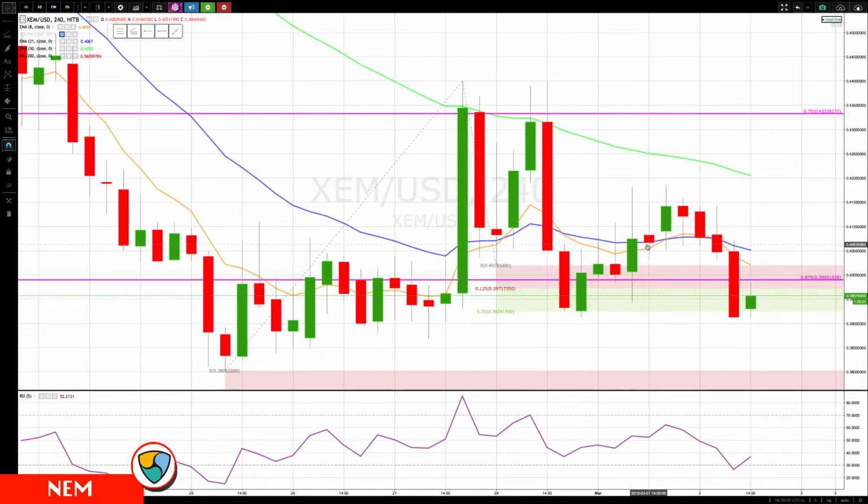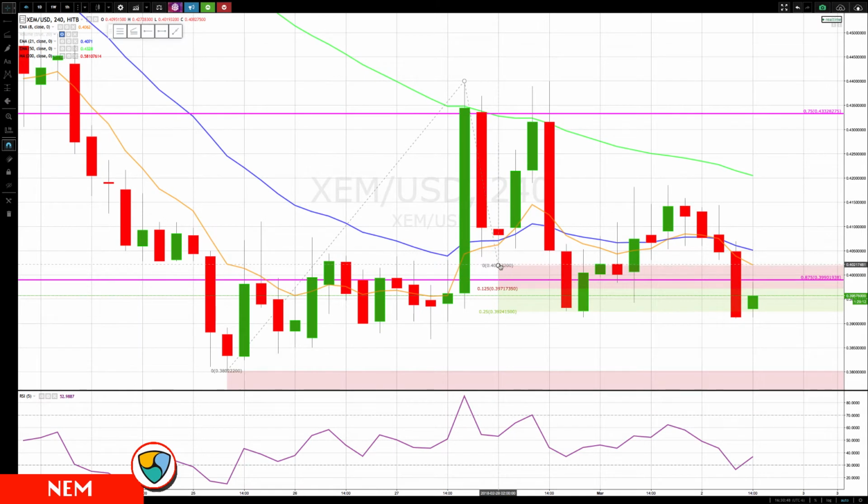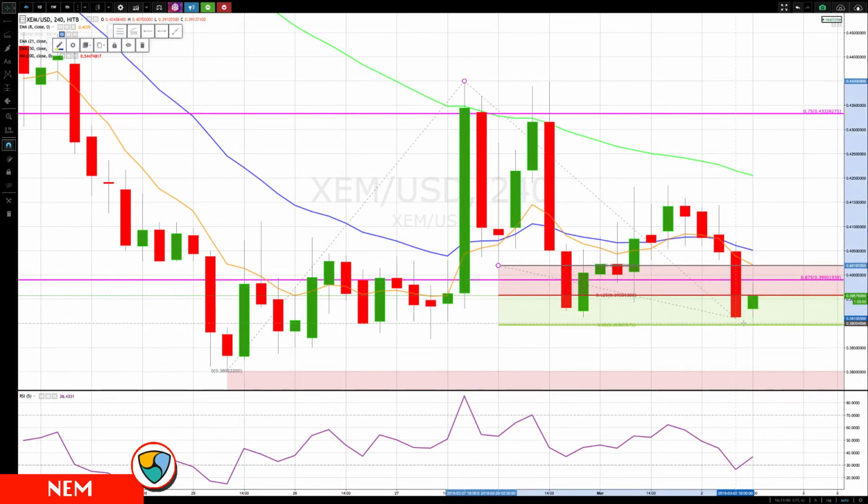So over to NEM/XEM. Last time we checked in, this was not a double because it was not reversing a big enough move. So we could only use our Gann level projections, which gave us this next projection point 0.3924, pretty much catching the low before it moved back up and then retesting that low recently. So now we can update these and pull them over to this most recent point.